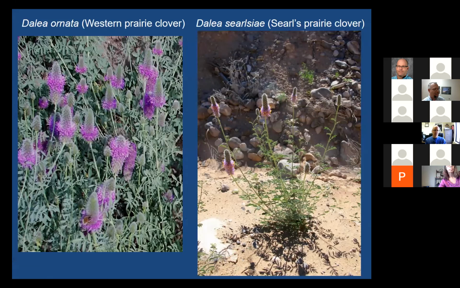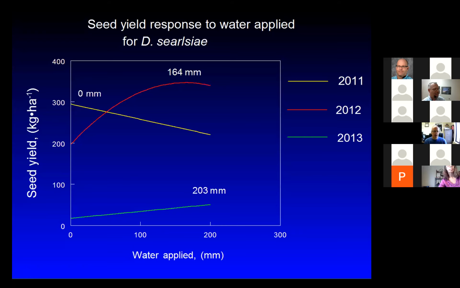The first one is the prairie clovers, Dalea ornata and Dalea searlsiae. This next slide shows the seed yield from the different amounts of water applied in 3 years. In 2011, we actually had the highest seed yield with the non-irrigated check.